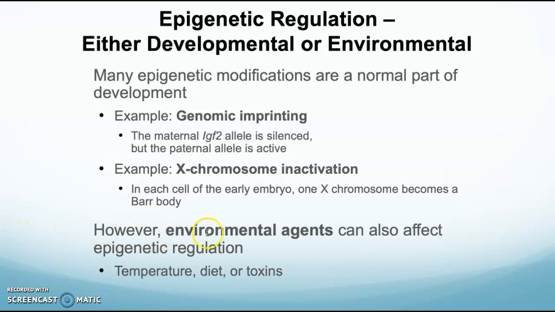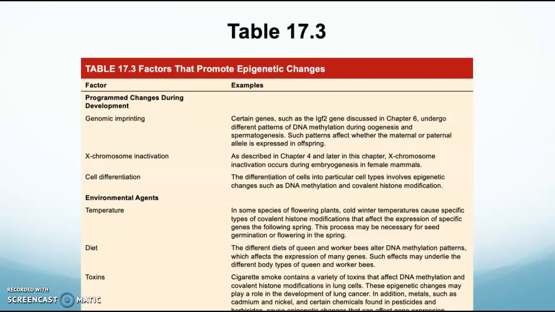In addition, environmental agents can also affect epigenetic regulation. This could be things such as temperature, diet, or toxins, and we'll look at an example later in this chapter. This is just a quick summary of what I was talking about: programmed changes during development. We can have programmed ones during oogenesis and spermatogenesis, with patterns that affect whether the maternal or paternal allele is expressed in offspring.